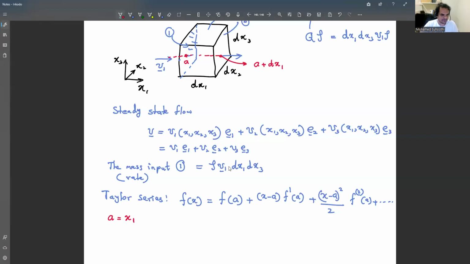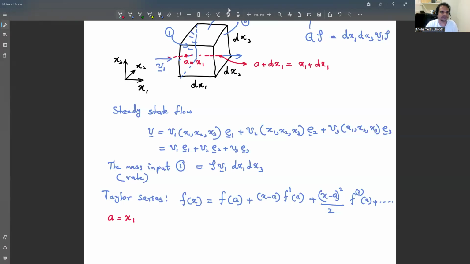So this is x1. In other words, A equals x1, so this point is x1 plus dx1.